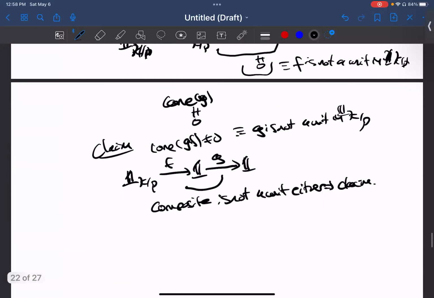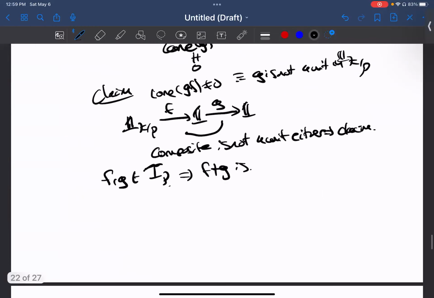And now we have to check that if F and G are in the ideal associated to P, then this implies that F plus G is. This one I believe is mildly annoying. Don't remember if I remember how to do it without trying to work it out. So we'll find out. All right, so we have a diagram like this.